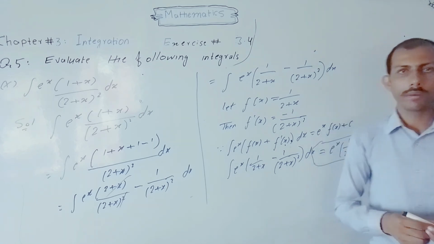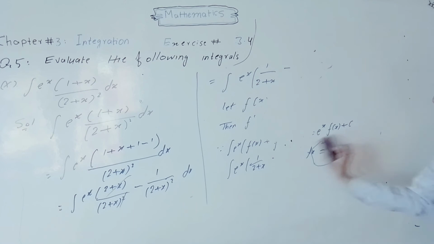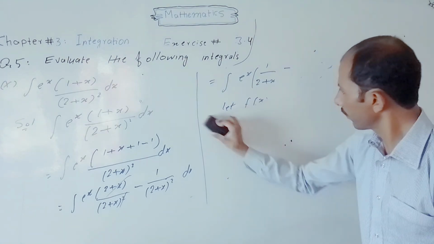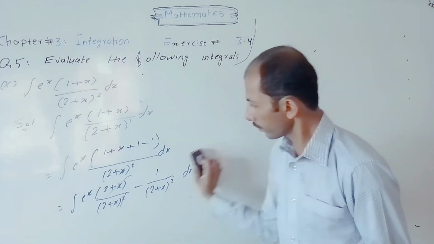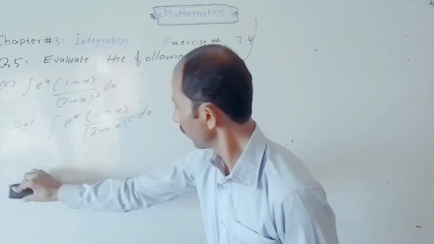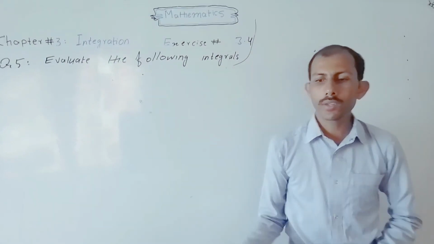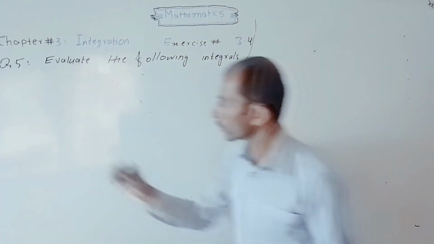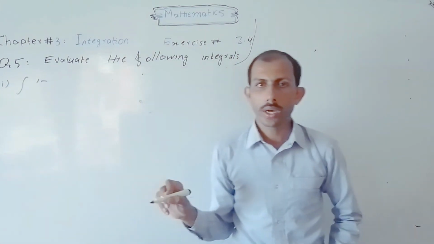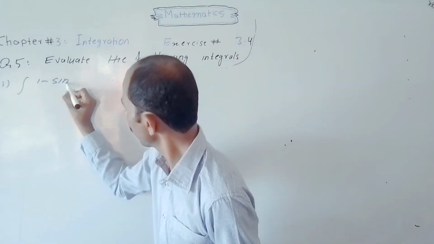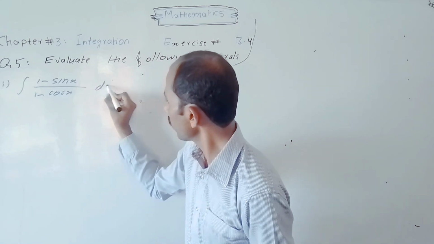Next, part number 11. Part number 11, that is integral (1 minus sin x) divided by (1 minus cos x) into dx.